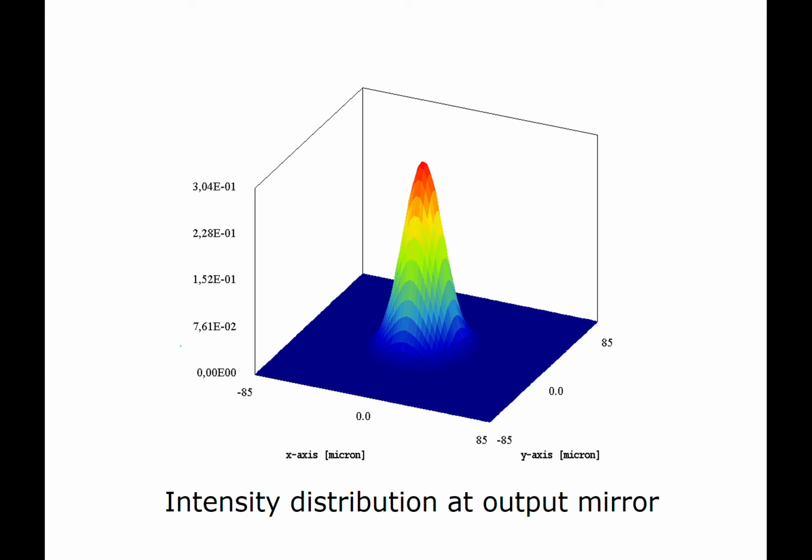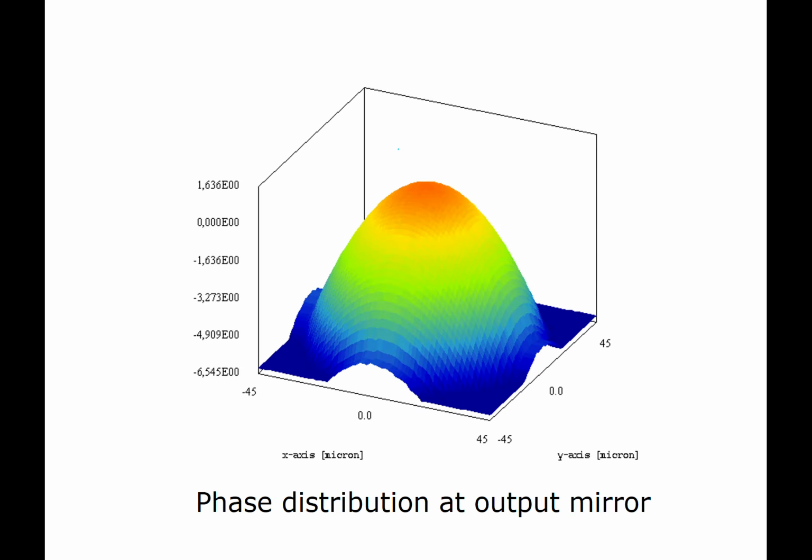And this is the intensity distribution at the output mirror, which is actually the laser beam profile. Okay. And you can also calculate the phase distribution as well. You can see that the phase is distributed like this. Okay.